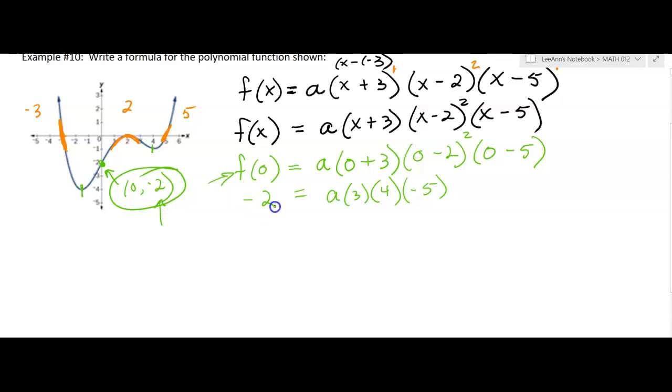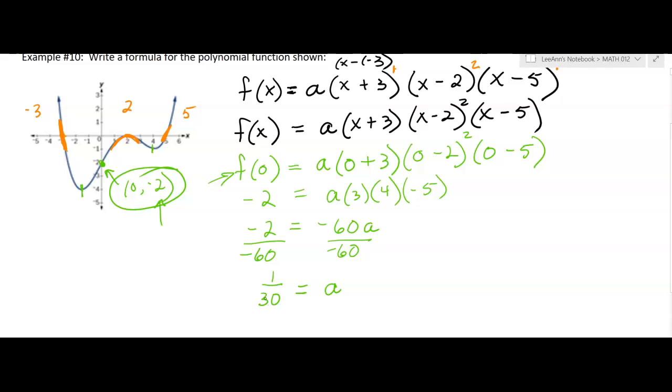So -2 is equal to all of that. Or -2 is equal to -60a. And so now we're going to divide both sides by -60. And we get a equals 1 over 30.